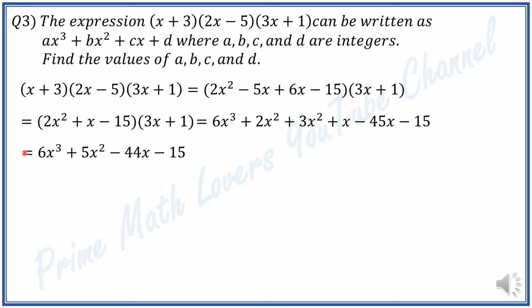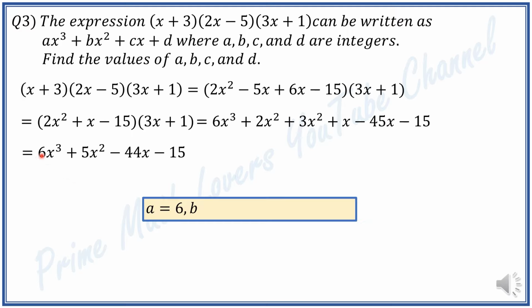So this is in the form of ax cubed plus bx squared plus cx plus d, and a is 6, b is 5, c is negative 44, and d is negative 15.